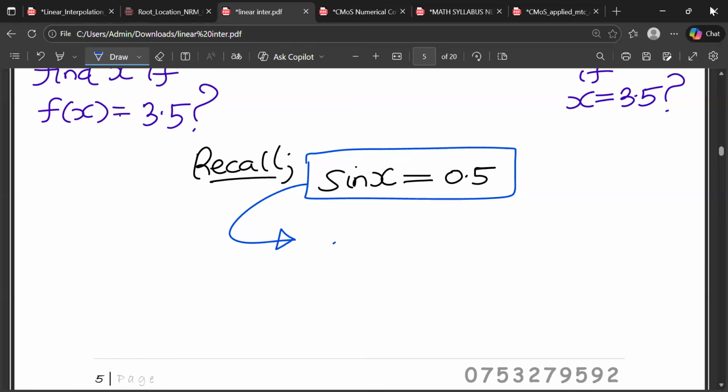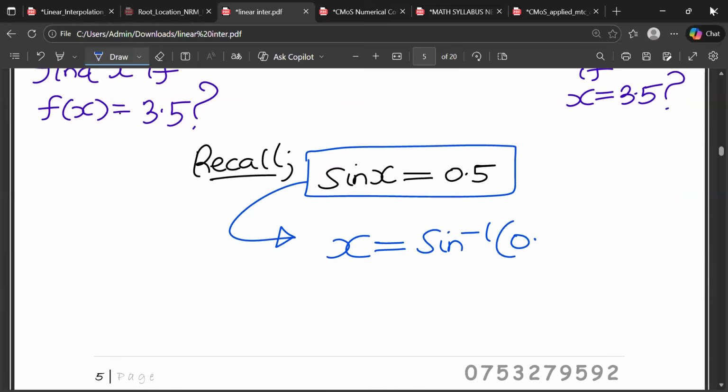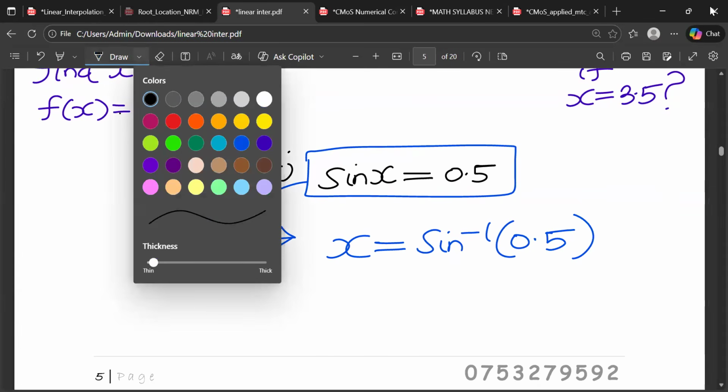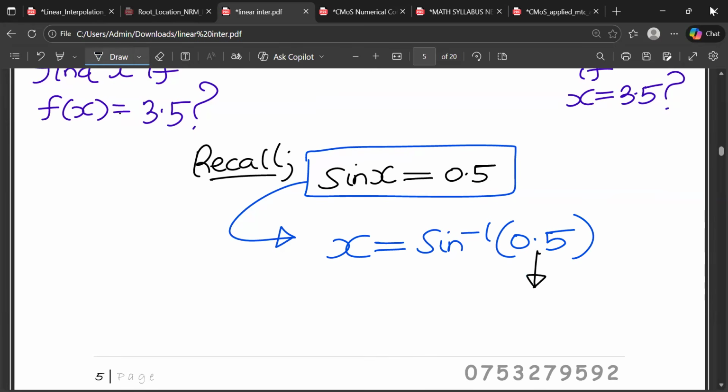You'd say, now to get the value of x, our angle, I will say x is sine inverse of 0.5. Isn't it what you always say? But remember, this is 0.5 alone.